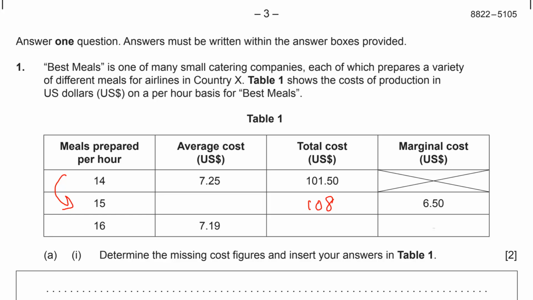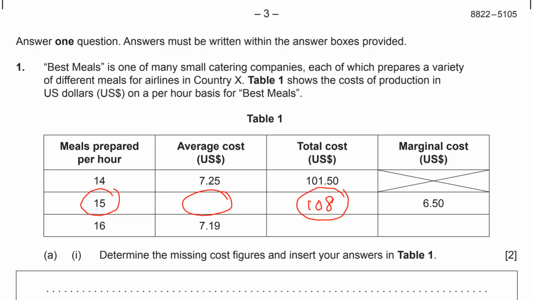Great. So from here, we can actually work out the average cost at 15 meals per hour. Because average cost is defined as total cost divided by the quantity. So in this case, I'm going to do 15 meals, and it's going to cost me $108 in total.